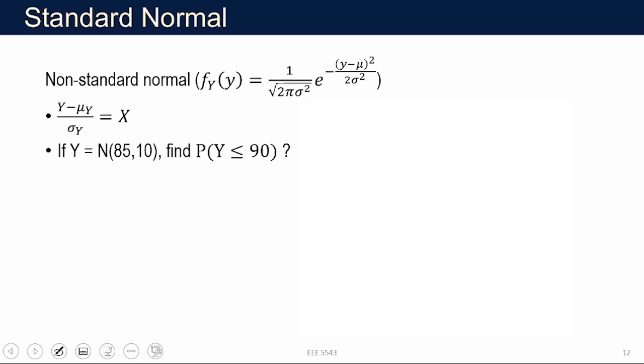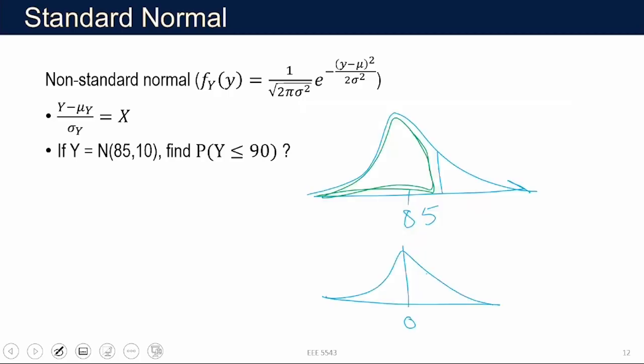Let's say we have a Gaussian that is centered at 85 and has a standard deviation of 10. And we want to know what is the probability that that Gaussian takes a value less than 90. Well, we could use the affine transformation to figure out how this is different from a standard Gaussian. So compared to a standard Gaussian, this one is moved over by 85 units, and it is stretched out by a factor of 10.